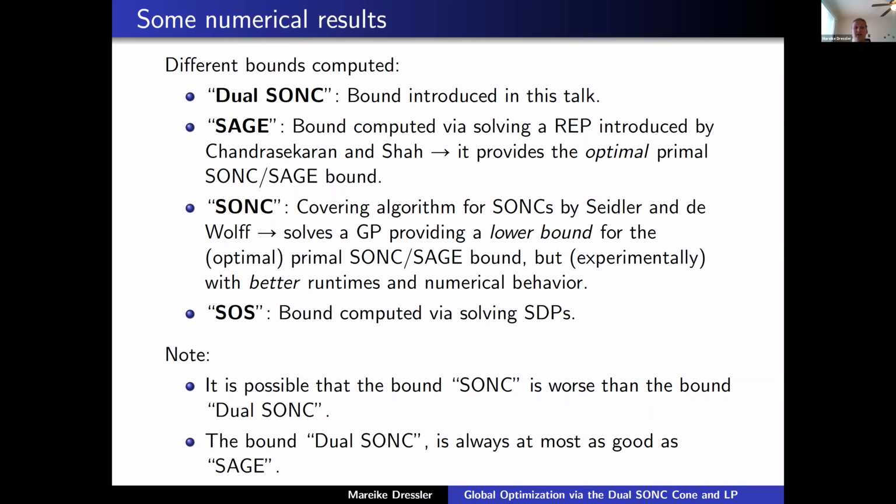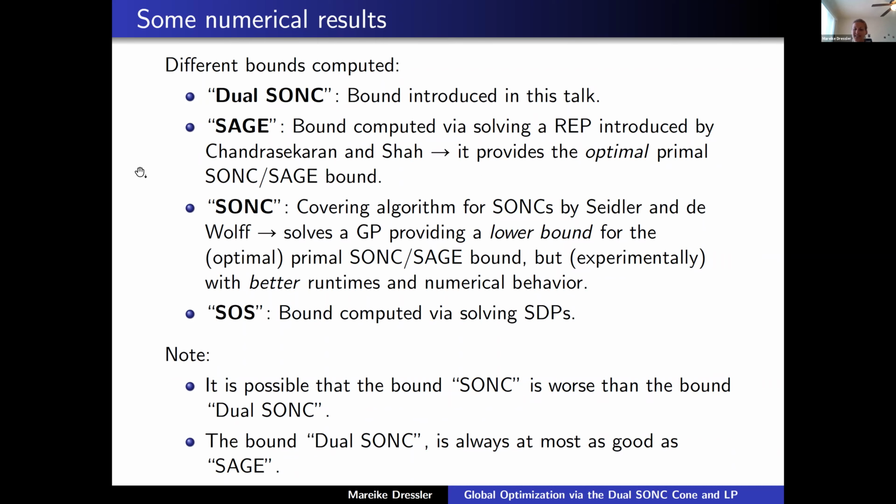And we compare here different algorithms. Namely, we compute bounds via 4 different algorithms. So dual SONC indicates the bound I just introduced via relaxing our optimization problem with the dual SONC cone. Then we take SAGE into consideration.